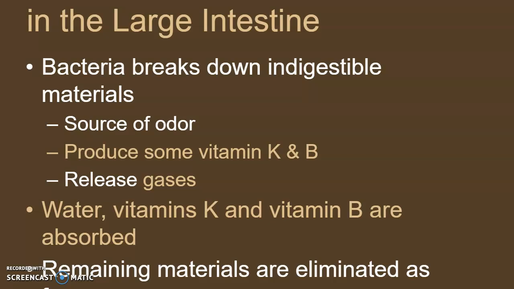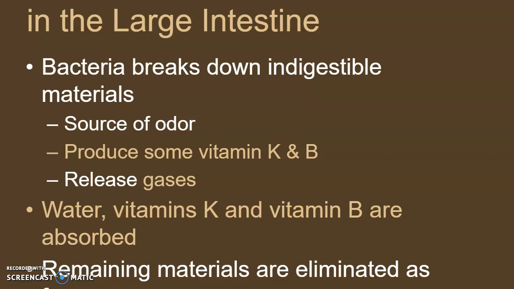From those things, we get several vitamins, primarily vitamin K and also vitamin B. Those are absorbed along with the water right through the walls of that large intestine into the bloodstream. This bacteria, as it eats, releases waste product. It releases a gas. It's a source of gas that occurs in our large intestine, and also the source of odor that's in our fecal matter.